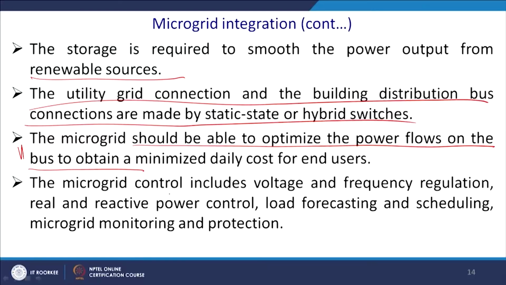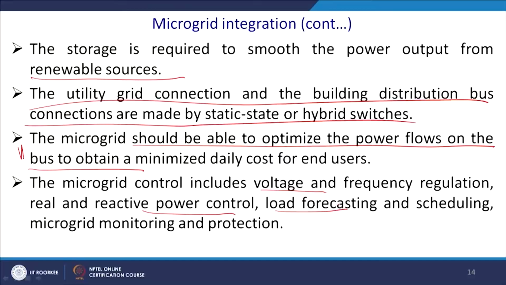The microgrid control includes voltage and frequency regulation, real and reactive power control, and load forecasting. That is something you forecast from the pattern of history, and scheduling, because you want to change that particular pattern of behavior gradually with the consumers, so that you can try to match the generation peaks and the load peak close to each other.